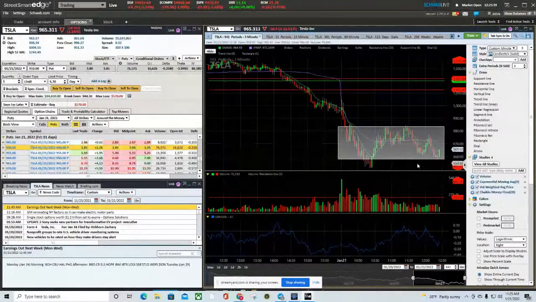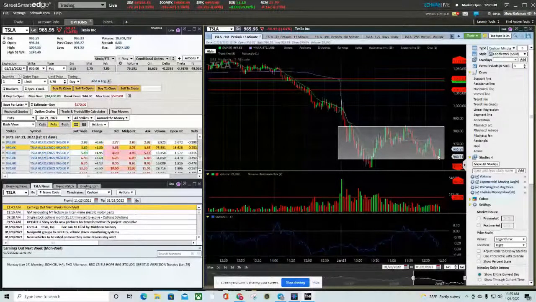The only way for that to happen is if it broke through 950. So that's the problem with same day expirations. If it just trades sideways, at the end of the day your contract is going to expire worthless.